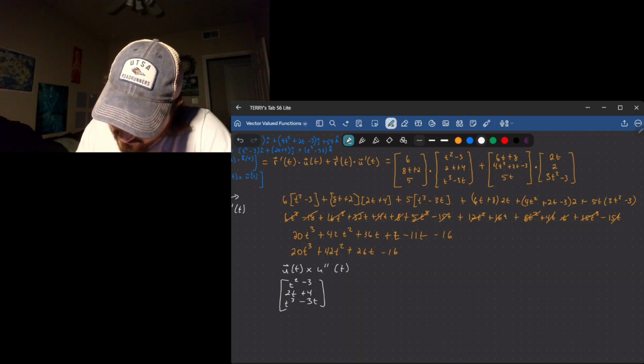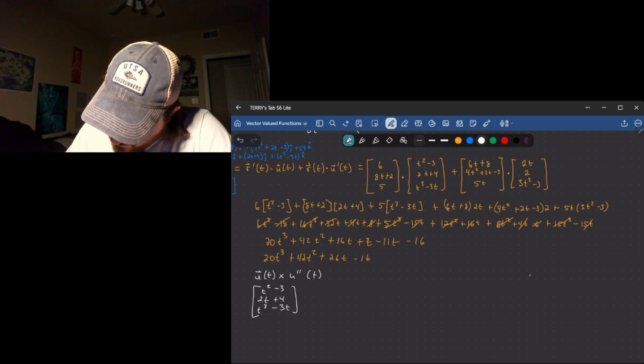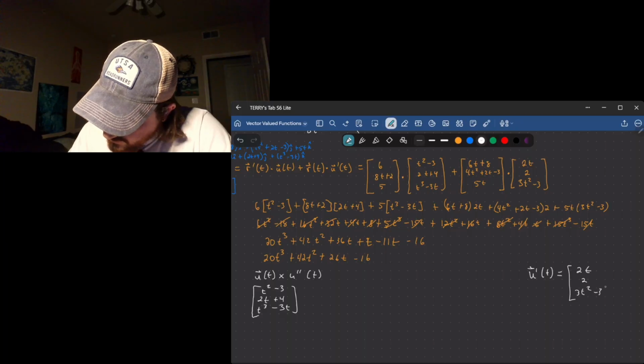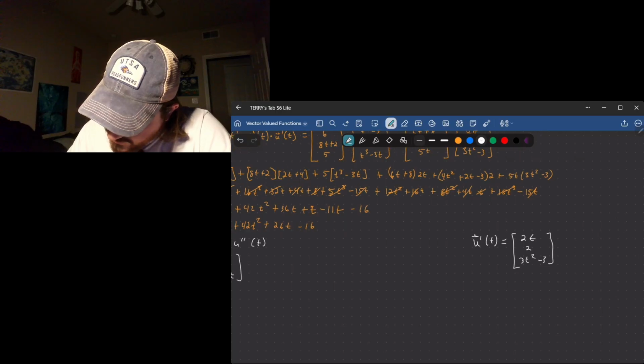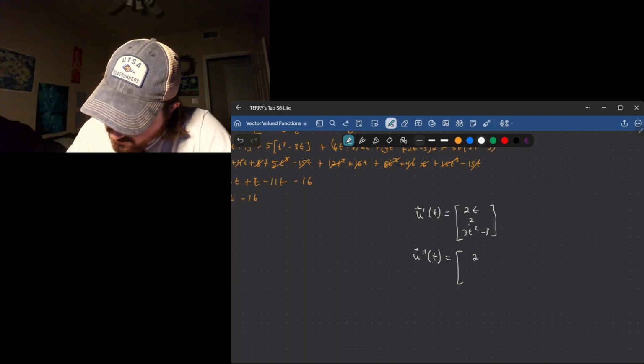Now we need a second derivative, so I'm going to use some space over here on the right. u prime of t we already know is 2t, 2, and 3t squared minus 3. So now I just need to take a derivative of that. u double prime of t is equal to 2, since the derivative of 2t is 2, the derivative of 2 itself is 0, and the derivative of 3t squared minus 3 becomes 6t.